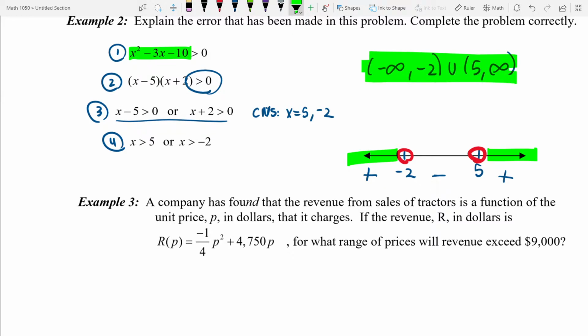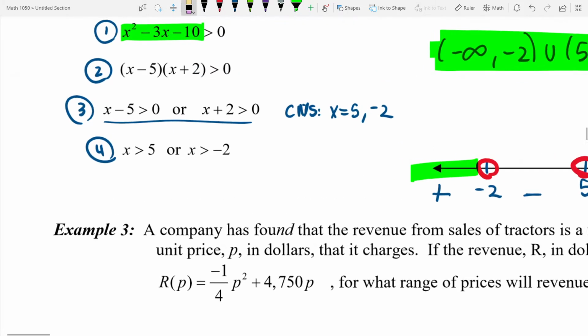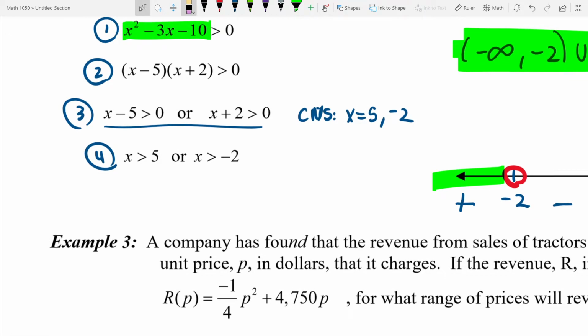Okay, I want to say one more thing about this problem. I would really love you to just watch this, okay? Why is step 3 wrong? Look right here. I'm taking some number, I don't know what it is. It's on a piece of paper and it's in my hand. You can't see it. And I multiply it by another number and I get a positive.